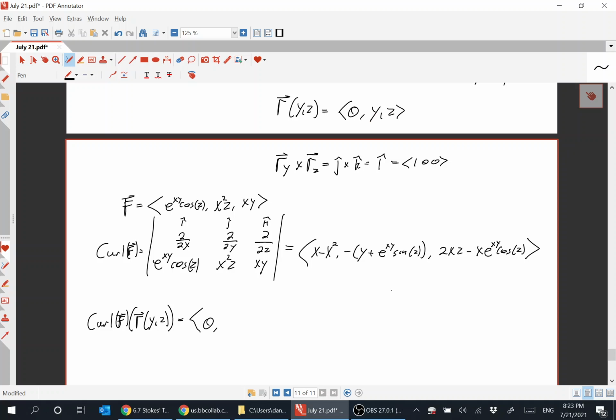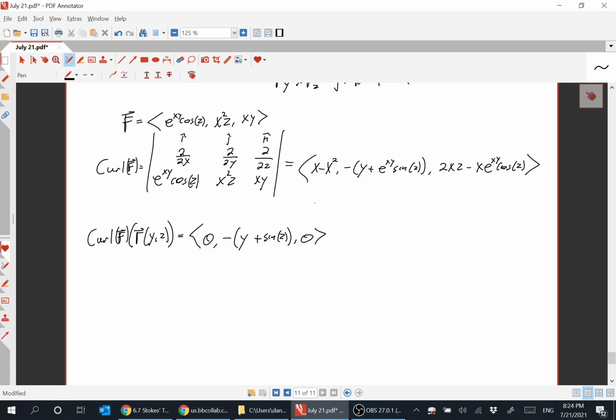Y is y, and z is z. So this is minus y; y is y, x is 0, so e to the 0 is 1, and z is z, so that's just sine z. Comma, and then x is 0, so that jump's all just 0. So it's just y plus sine z negative.